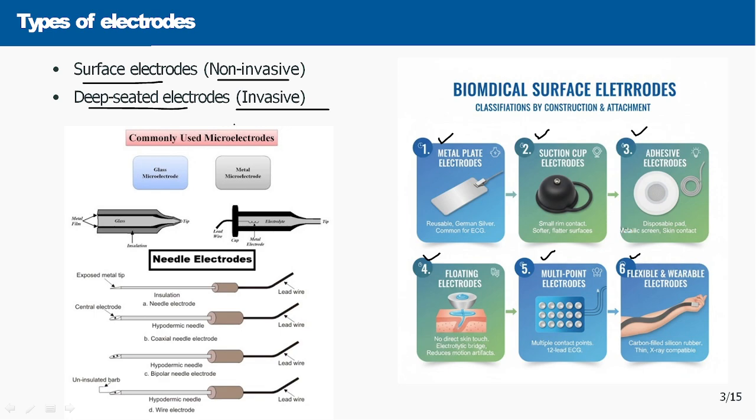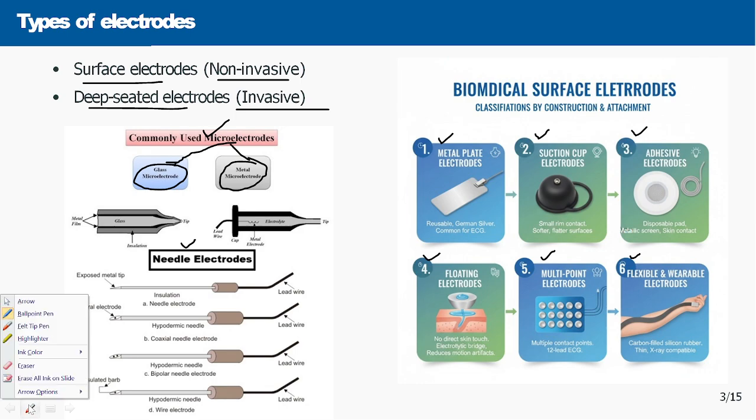Similarly, deep-seated electrodes are of two types: microelectrodes and needle electrodes. These needle electrodes are capable of collecting biopotentials even from the cellular level. Now we mark that microelectrodes are of two types: metal microelectrodes and glass microelectrodes. These electrodes we will see in the later slides.